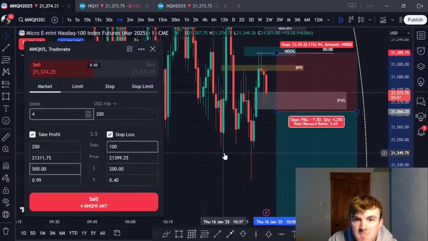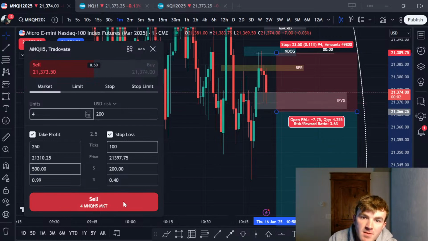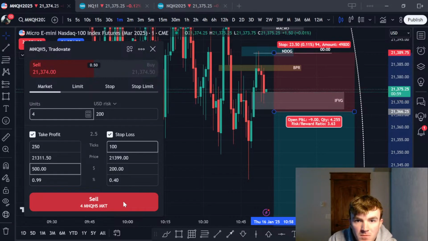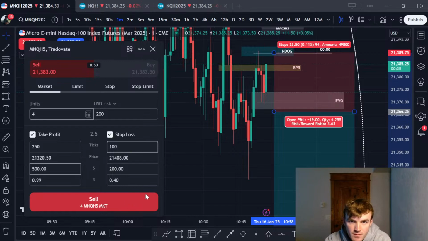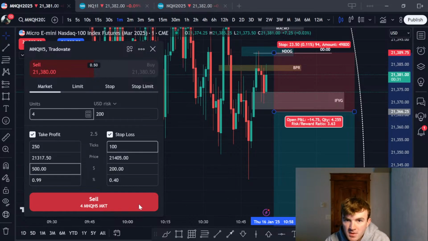I definitely need to see better momentum than that. I mean, the draw on liquidity is clearly lower.